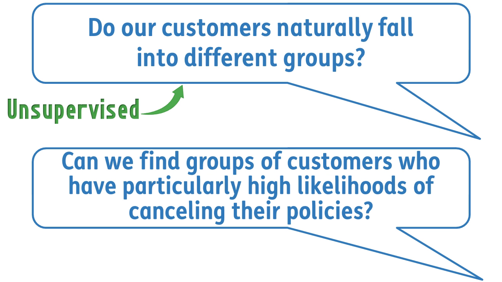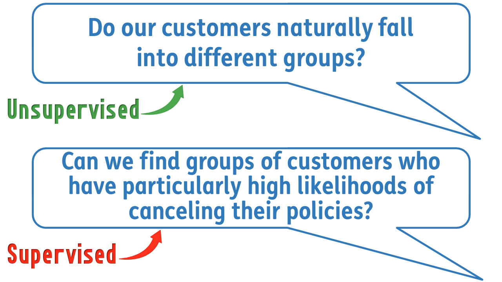Can we find groups of customers who have particularly high likelihoods of canceling their policies? Here, there is a specific target defined. Will a customer leave when their policy expires? And segmentation is being done for a specific reason, to take action based on likelihood of churn. So this is called a supervised data mining problem.